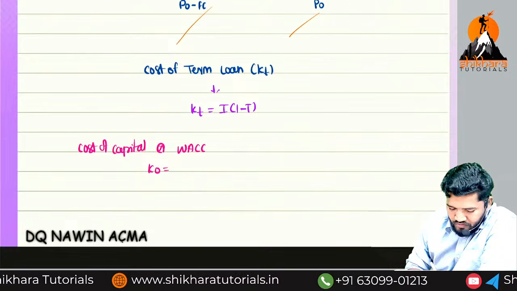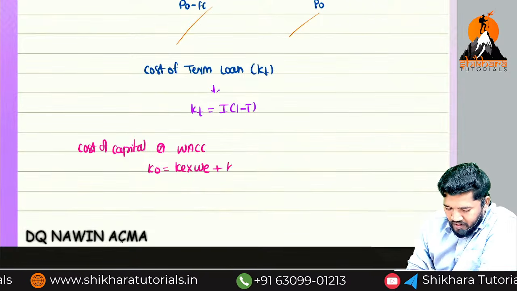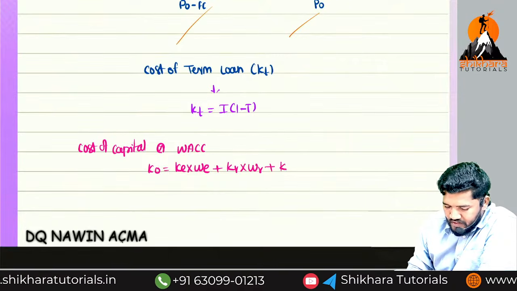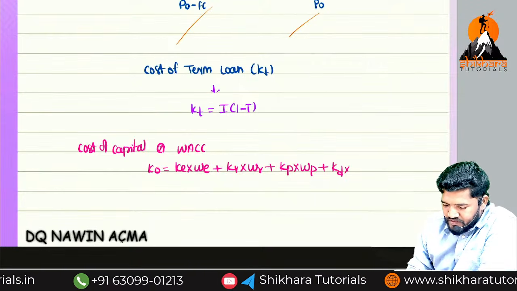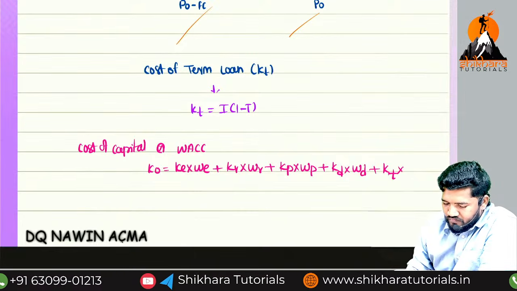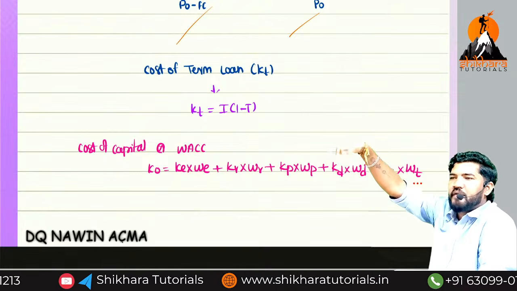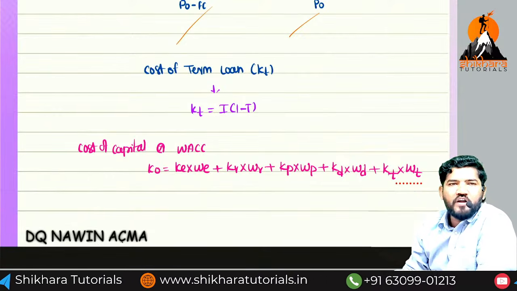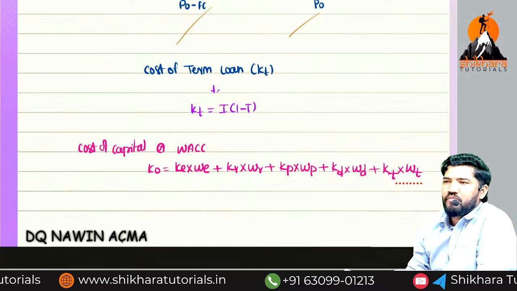KO equals cost of equity into weight of equity plus cost of retained earnings into weight of retained earnings plus cost of preference into weight of preference plus cost of debentures into weight of debentures plus cost of term loan into weight of term loan. That is nothing but the last column of the table, the product. Clear? The sum of all weighted products is known as KO.